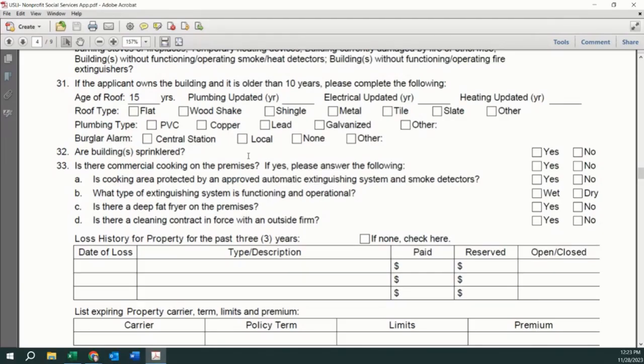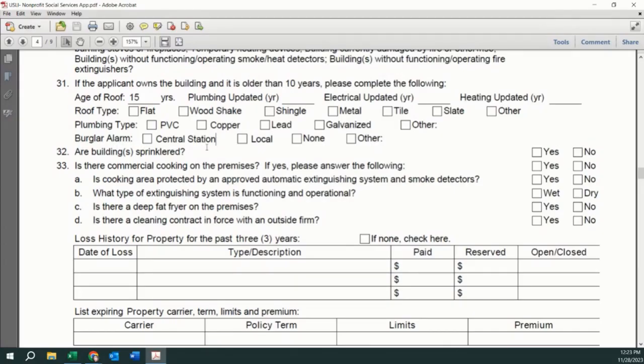But you can tell SEMA that you don't want to do number 31. You can tell them you don't want the structure covered or you don't want the contents covered. You're only looking to cover the nonprofit operation or whatever kind of operation you have, social services under an LLC.